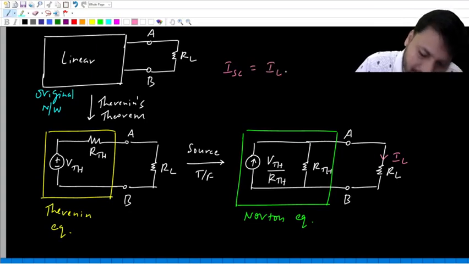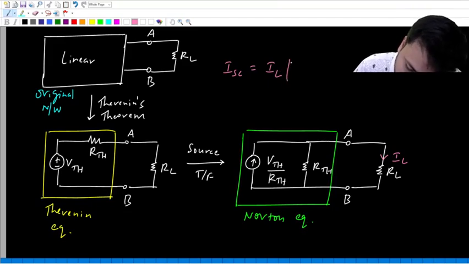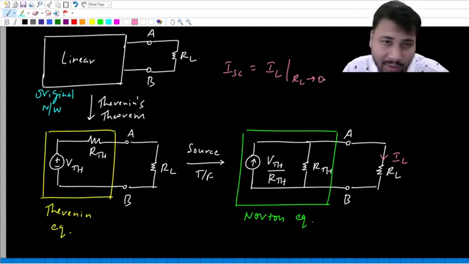So ISC is the load current IL when the load becomes zero, that is, when the load becomes a short circuit. So when RL becomes 0, it becomes a short circuit. Whatever current flows in the short circuit is the short circuit current through the load.